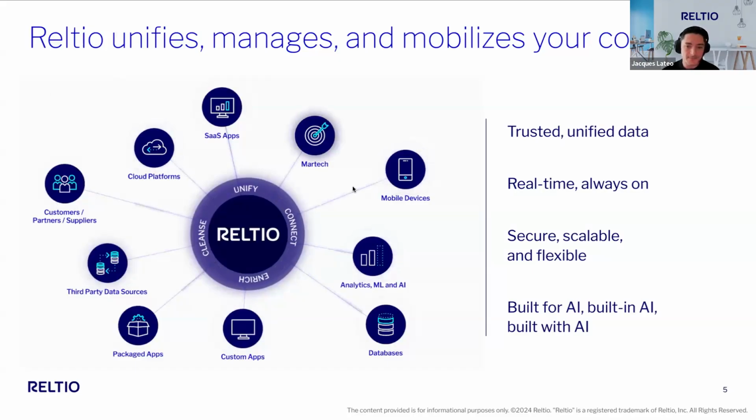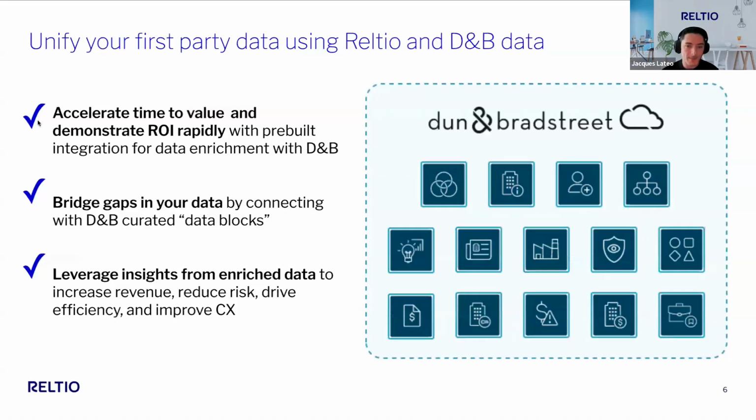Next slide, please, Sarah. One of the main benefits of using a pre-built integration like the Reltio enrichment with D&B Data Blocks product is that you can accelerate time to value. So this dovetails well with our implementation methodology.